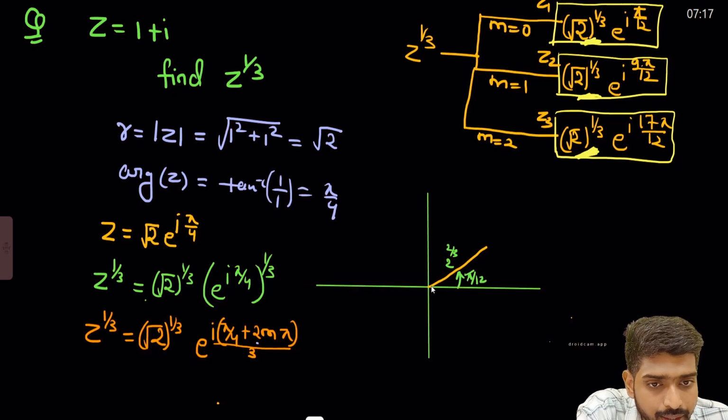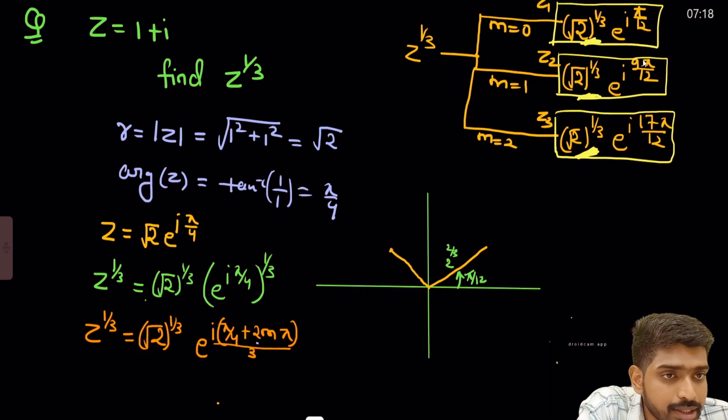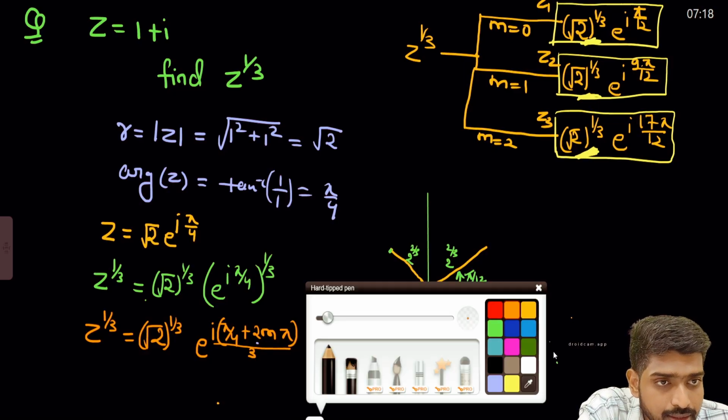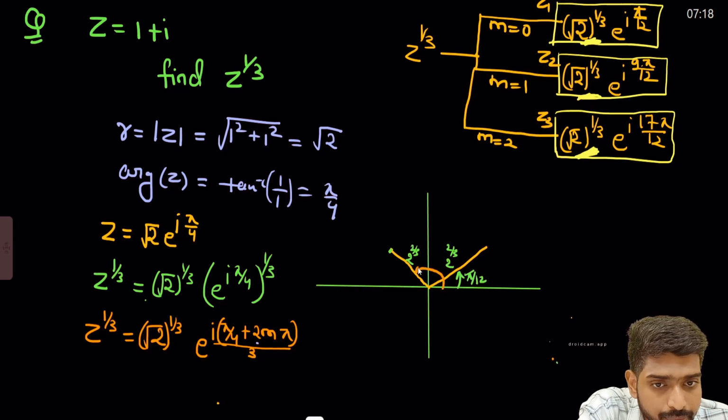Next is 9 pi by 12, which will lie in the second quadrant, right? 9 pi by 12 I can cancel with 3, so this will be 3 pi by 4. So it will lie in the second quadrant. Magnitude is the same, 2 to the power 2 by 3, and this angle is 3 pi by 4. Got it? This is 135 degree. Understood? 3 pi by 4 value.